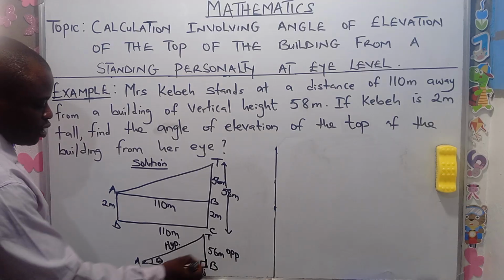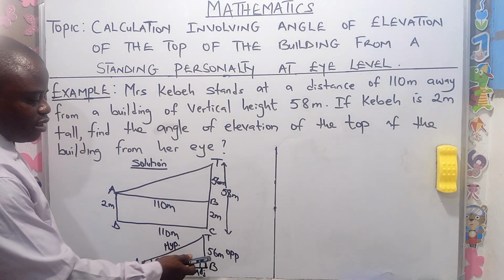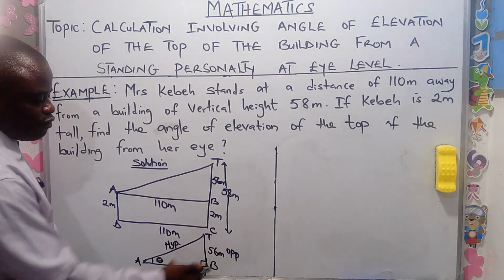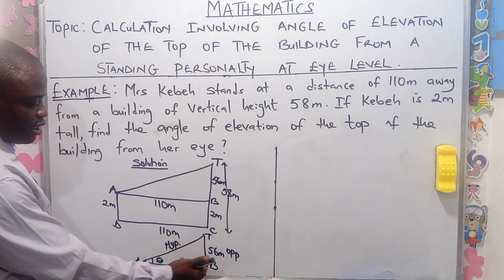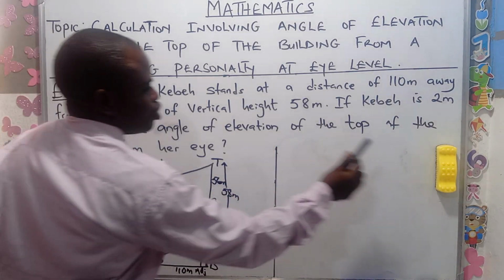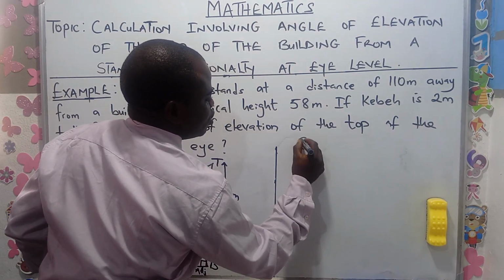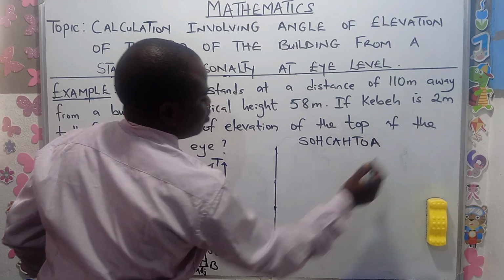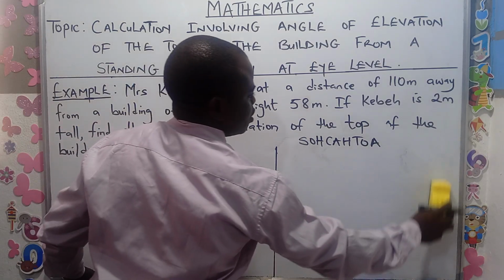See that we have opposite and adjacent as the values given. The opposite is given as 56 meters. The adjacent is given to us as 110 meters. That means that we can use SOHCAHTOA. Okay.